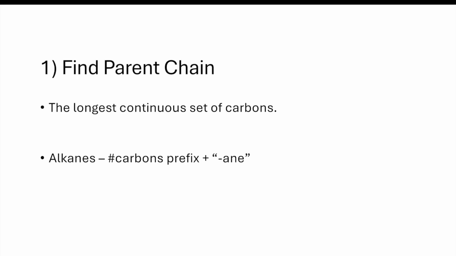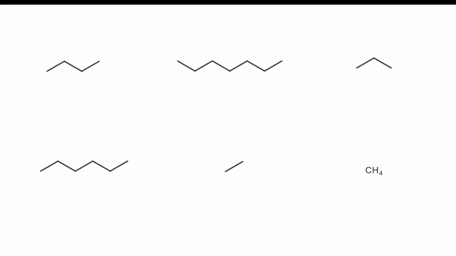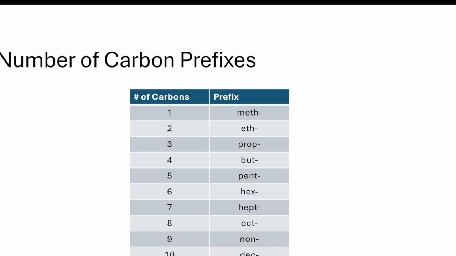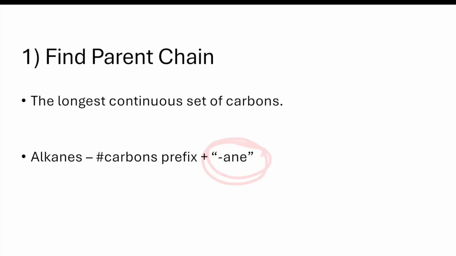So let's just do some examples here. These are some straight chain alkanes. We can name these based just on that first rule. We need to find how many carbons are in our parent chain, our longest continuous set of carbons. So in this first example, we have 1, 2, 3, 4. The number of carbons prefix that we're going to use for 4 carbons is bute. And then we're going to tack that ane suffix on there.